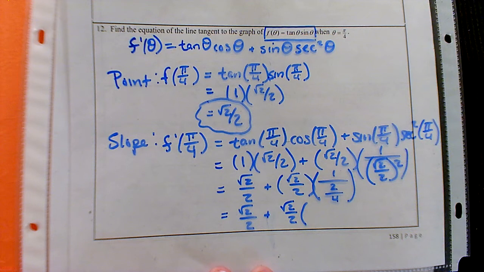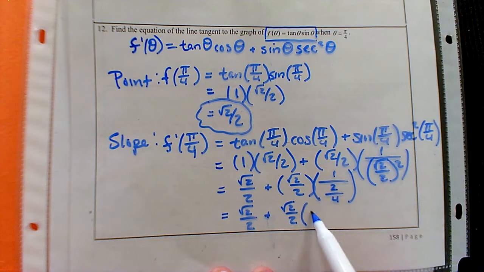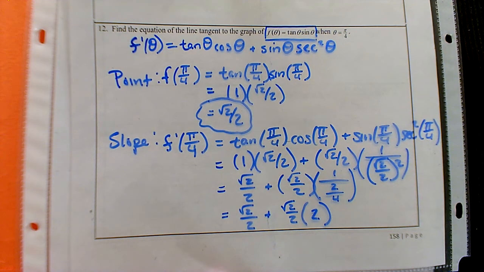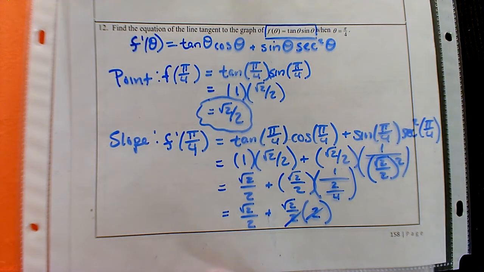What about 1 over 2 divided by 4? 2 divided by 4 is a half, so what's 1 divided by a half? How many times does a half go into 1? 2 times. Okay, so that crazy complex fraction simplifies to 2. And notice how the 2's would cancel in our second term, so we're just left with the square root of 2.